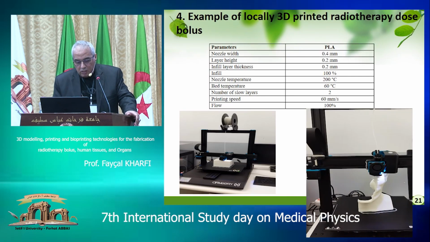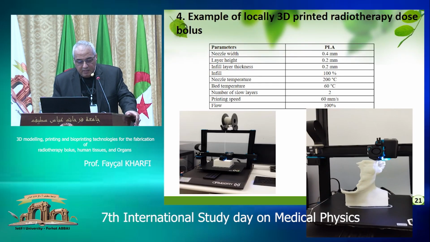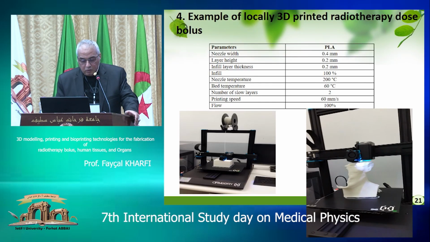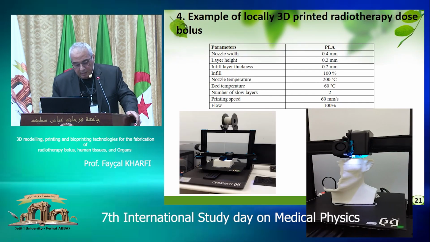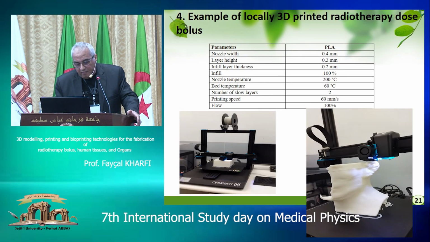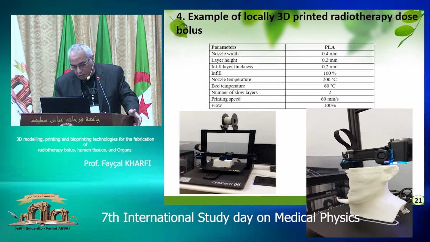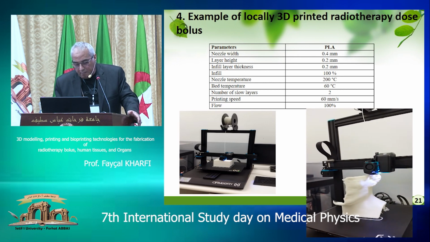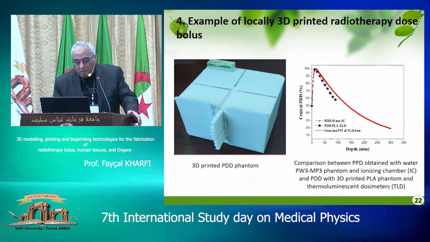When we finish the 3D printing of the phantom to be used for the dose in-depth checking, and after that, if everything is okay, the bolus itself is printed. So let's move now to the presentation of the main results.